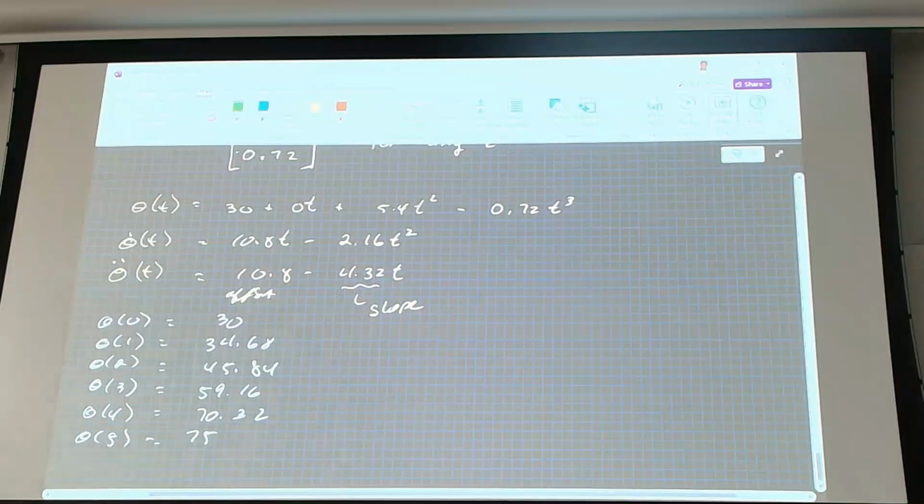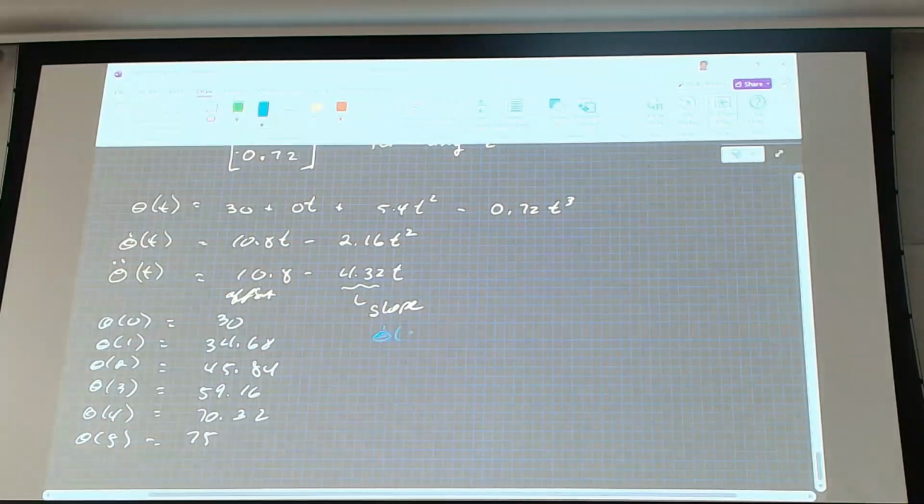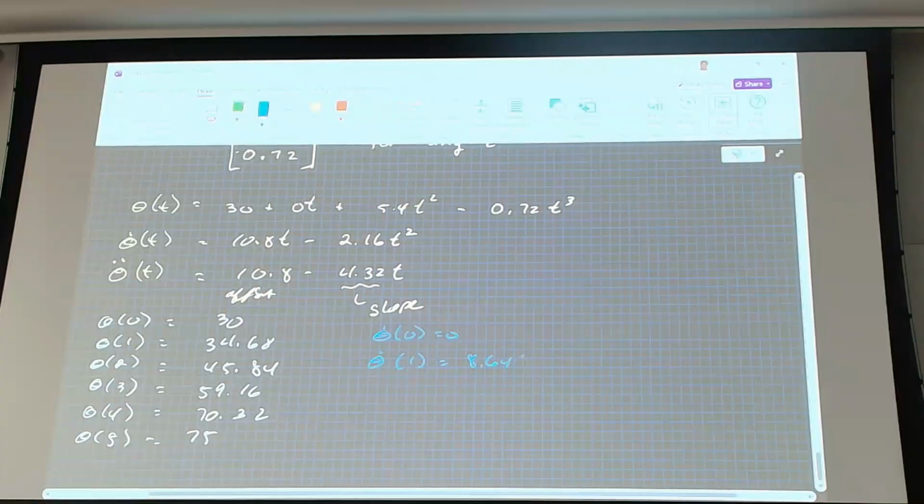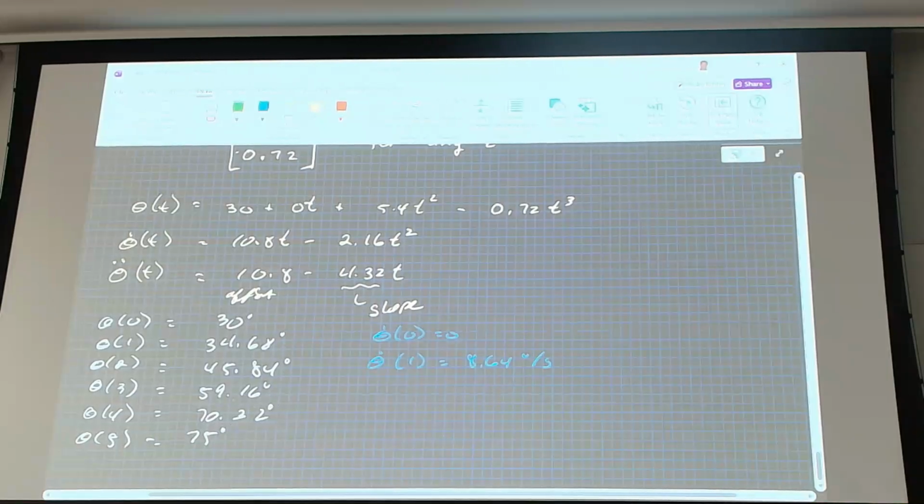In fact, if we look at our theta dots, theta dot 0 was 0. Theta dot at 1 second, when we put that computation in, is going to be 8.64 degrees per second. And by the way, this is all in degrees. The velocity at 2 seconds is going to be 12.96 degrees per second.